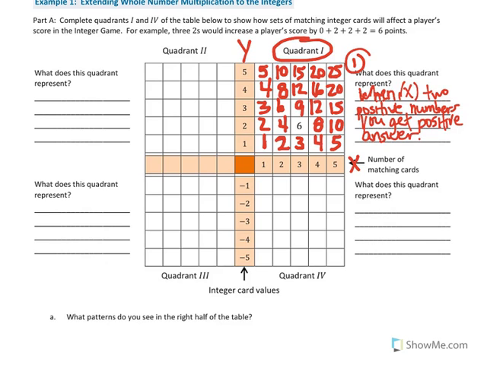Okay. So when multiplying two positive numbers together, you get a positive answer.